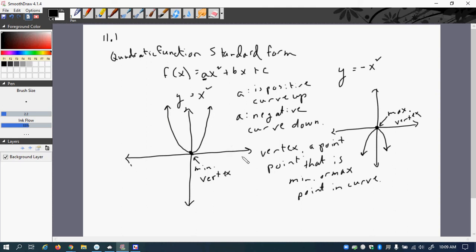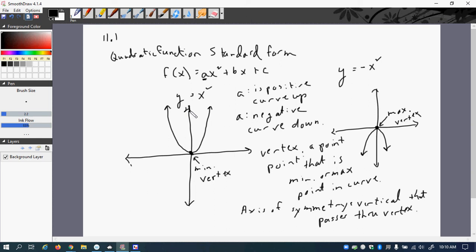The last thing that they want to talk about is axes of symmetry. An axis of symmetry is a vertical line that passes through the vertex, but it is not part of the parabola. So in this case, I'll draw it as a dotted line.